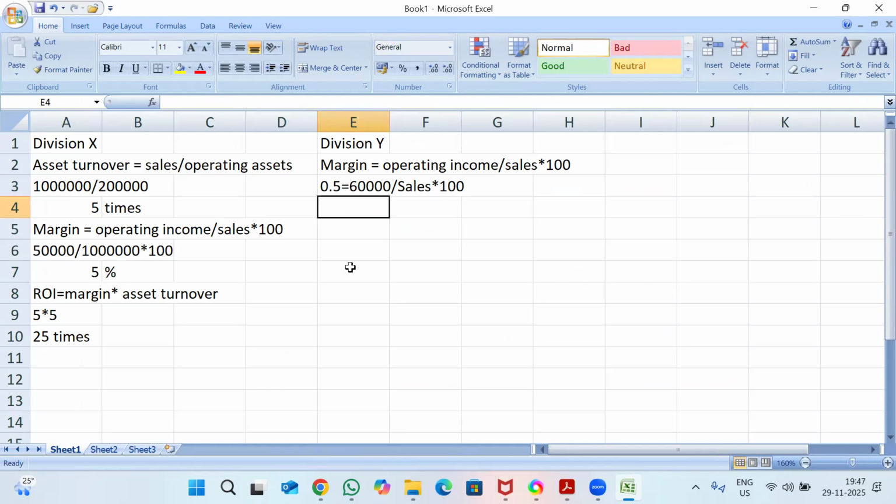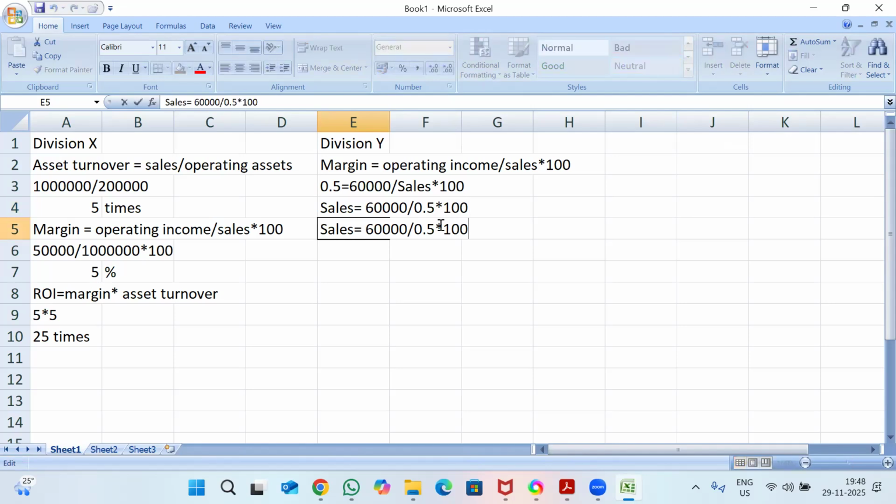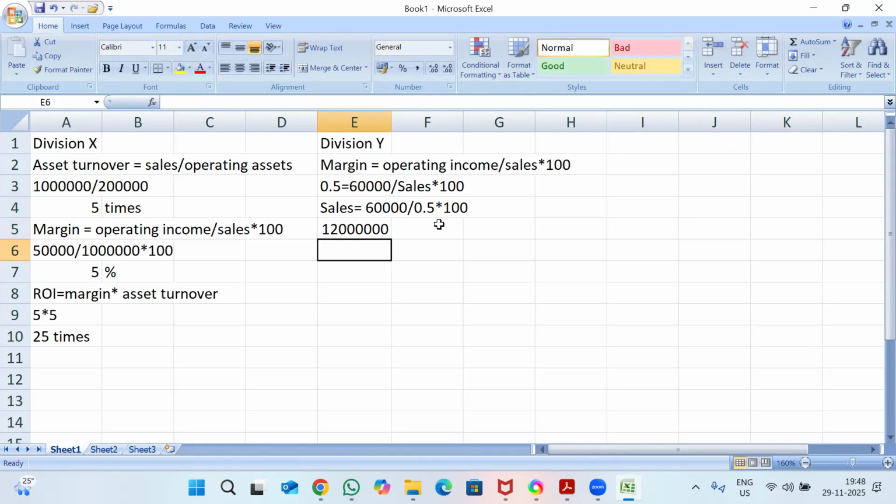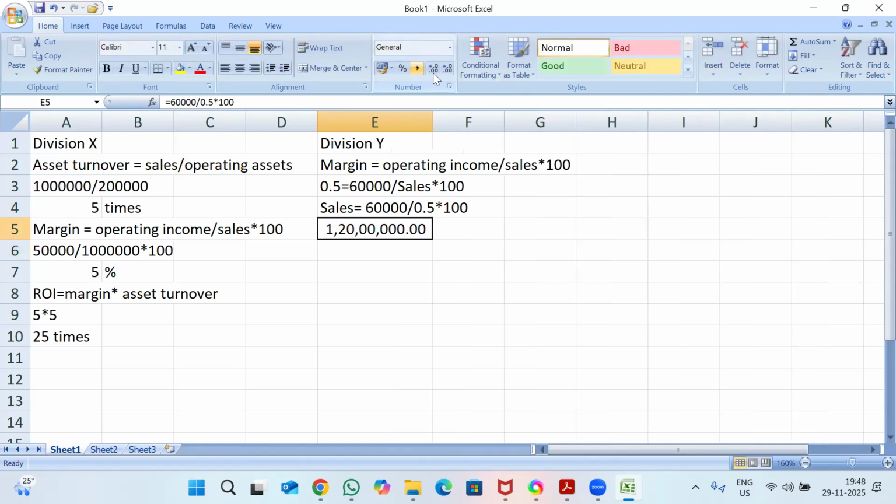So I can now easily find the sales. Sales is equal to 60,000 divided by 0.5 into 100. Substituting this, I will be getting 1 crore 20 lakhs.